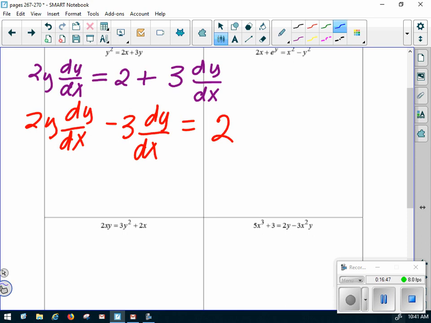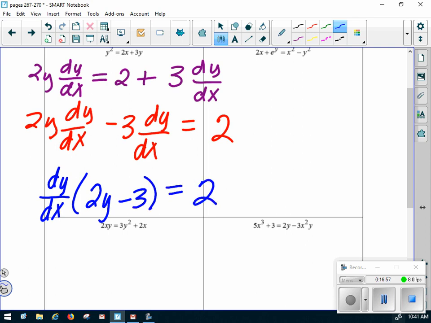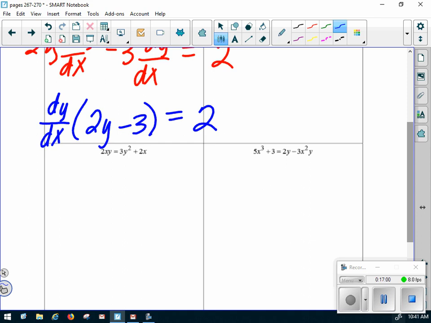I can actually factor out a dy dx. So dy dx is 2 over 2y minus 3.